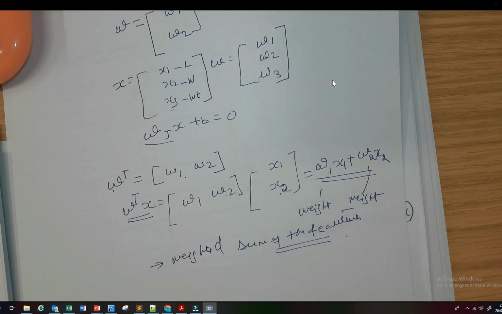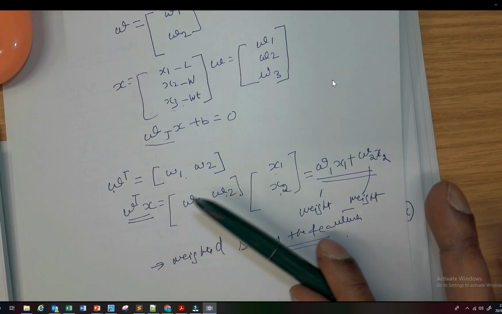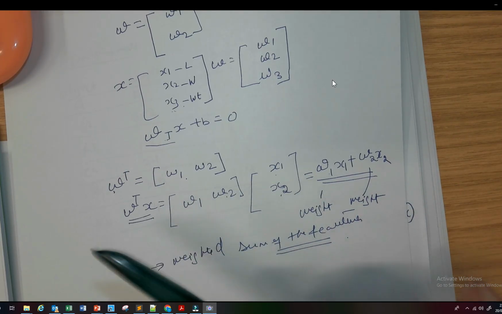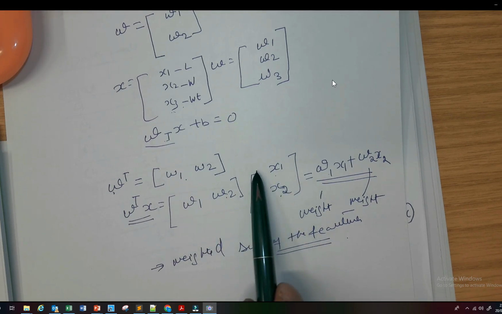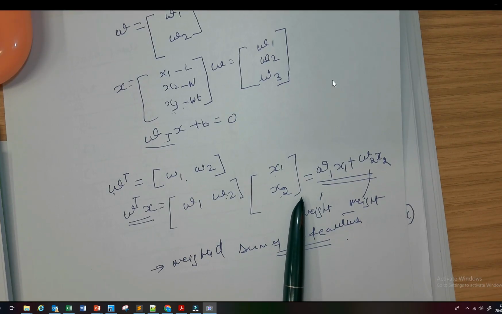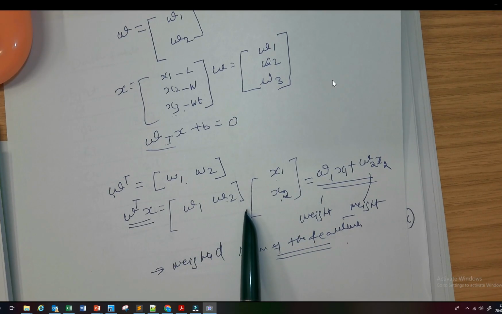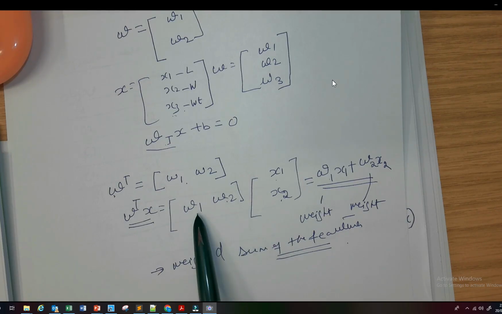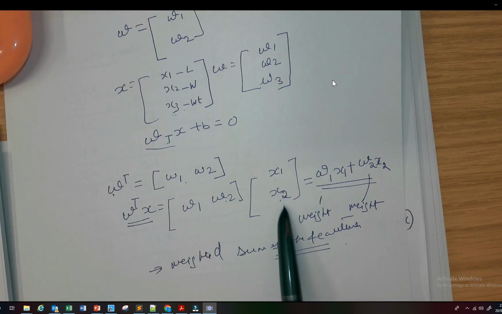So this is something you have to remember. This is what we are going to do in support vector machine. We are going to find the right direction, which is nothing but a vector. That vector has a dimension equal to the dimension of the vector space that we are going to deal with. If we have 3 features, you will have three weights, so we will multiply the 3 weights to each of the features.